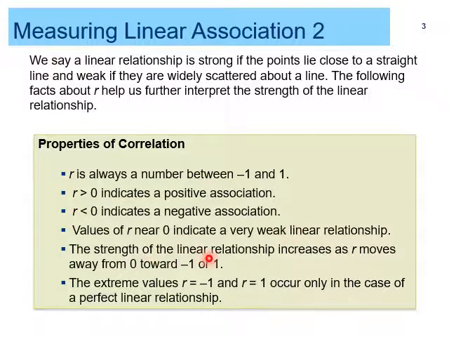The strength of the linear relationship increases as R moves from 0 towards -1 or 1. The extreme values R equal to -1 and R equal to 1 occur only in the case of a perfect linear relationship. So we will understand these points through examples in a later slide.